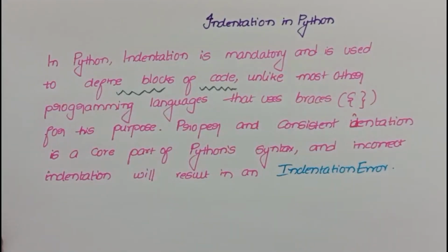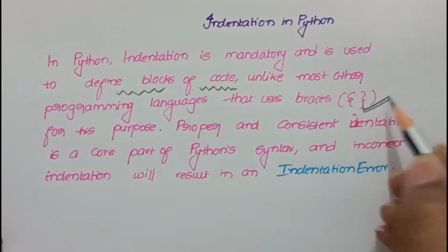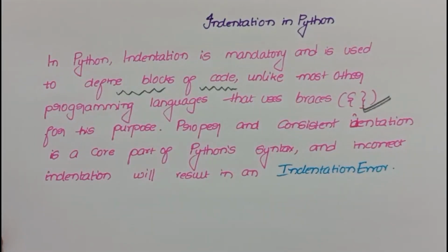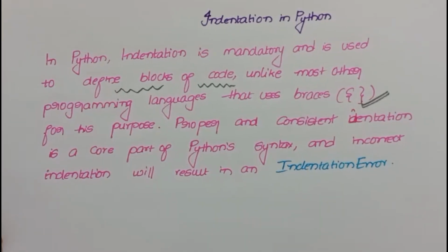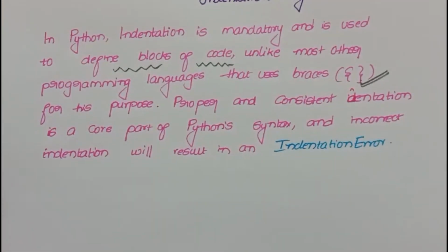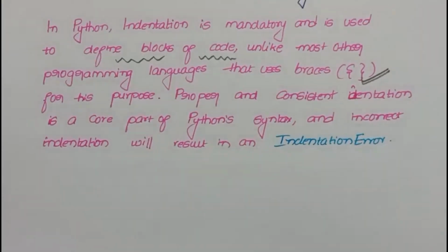Unlike many other programming languages that use curly braces to group statements, Python uses indentation to show which statements belong together. This makes Python code more readable and organized. Proper and consistent indentation is a very important part of Python's syntax.